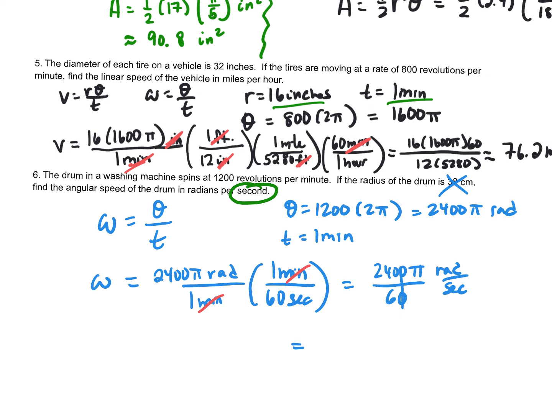So this, you could actually do the math. It's 40 pi radians per second. And of course, we could put that in our calculator and figure out what 40 pi is. So 40 times about 3.14 is about 125.7 radians per second.